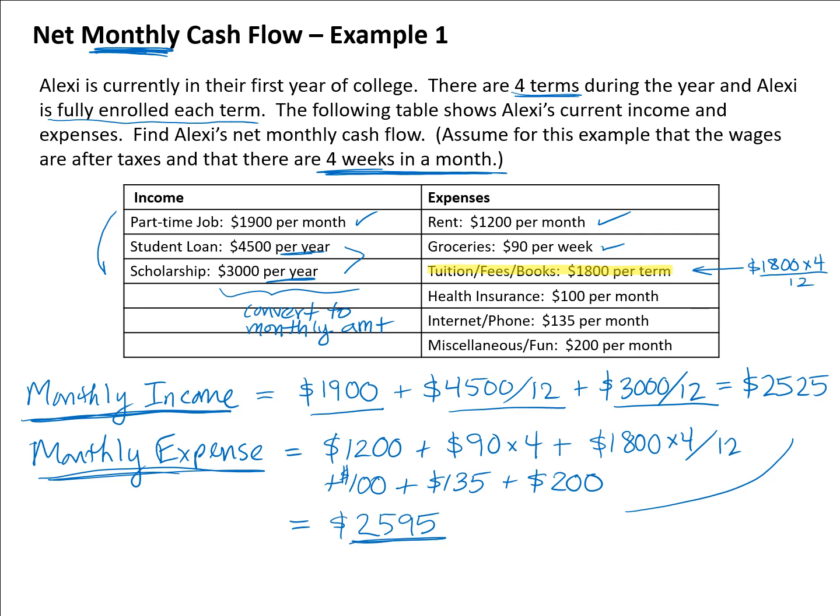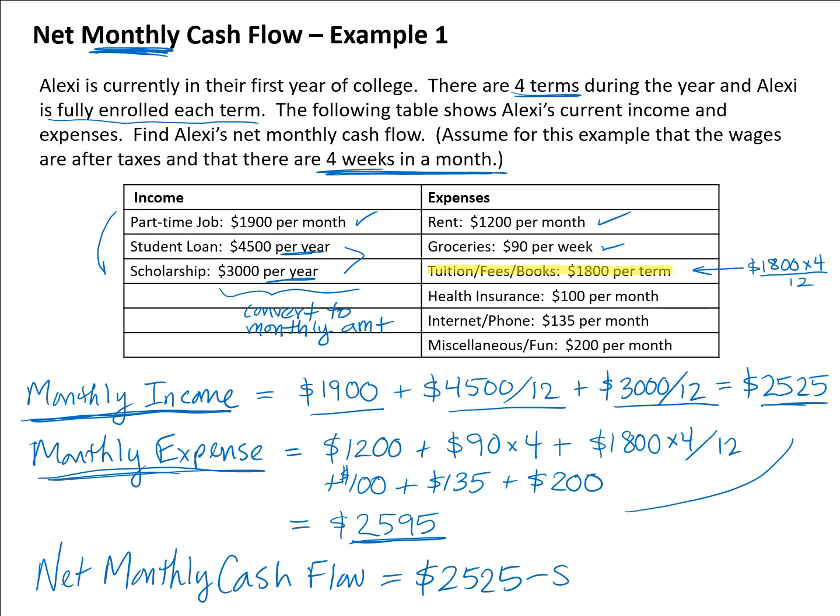Now that we have the monthly income and the monthly expenses, I can find the net monthly cash flow by subtracting them. I always take the income first and subtract the expenses. So 2,525 minus 2,595, and I get a negative result, negative $70.